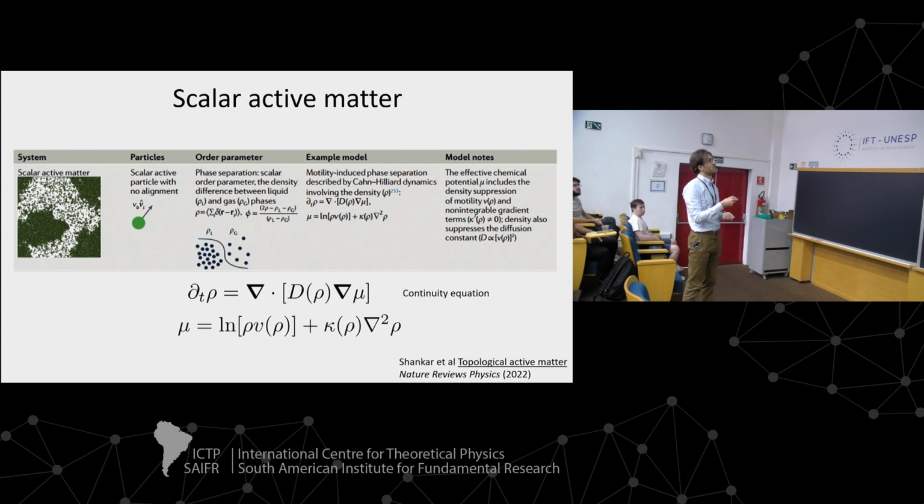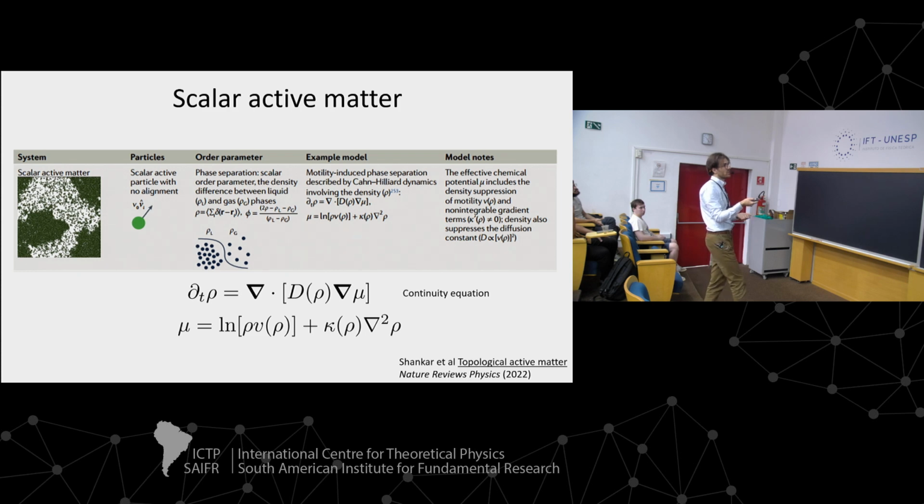So you have self-propulsion here, but for some reason, and this happens a lot, there isn't a preference for the particles to be aligned versus anti-aligned versus at some angle. What's clear here is that the system is still out of equilibrium, and it's often called scalar active matter. What's less clear, and perhaps still an open question, is exactly what happens in the system, what sort of phases you can have.